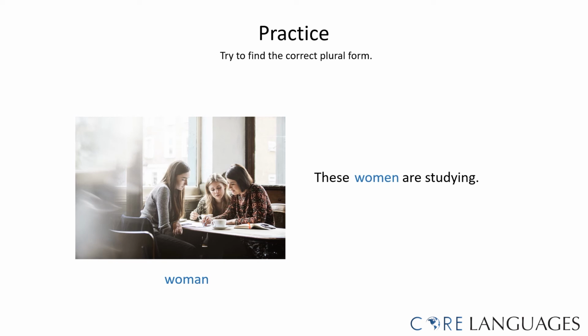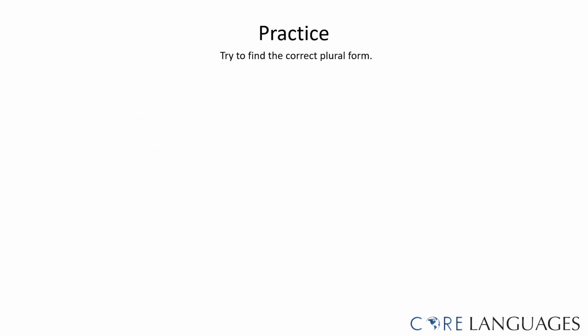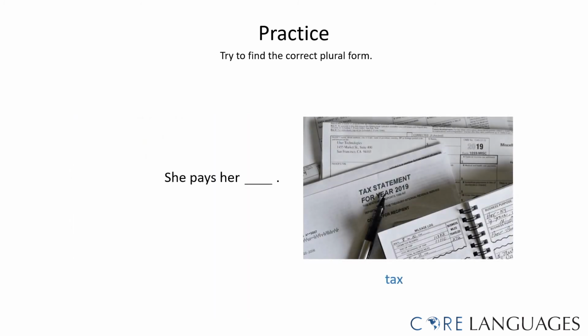Women is an irregular plural noun. How about this example? She pays her. The singular noun is tax. Excellent. She pays her taxes.